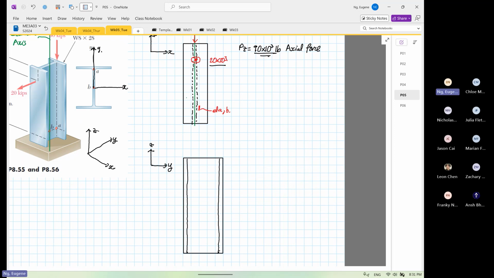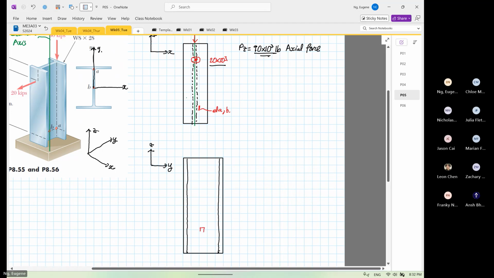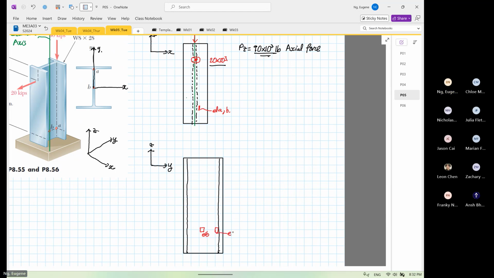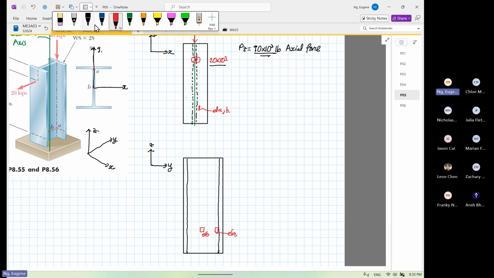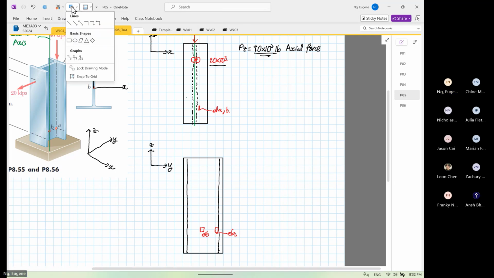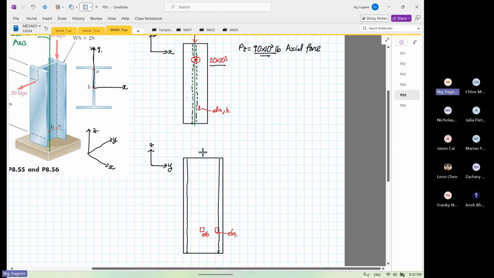Then we have our element B, and then we have our element A. And then I'm going to put in my geometric axis relative to the element exactly over here.